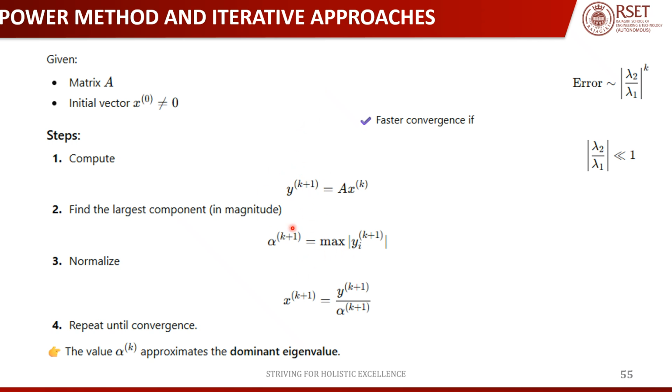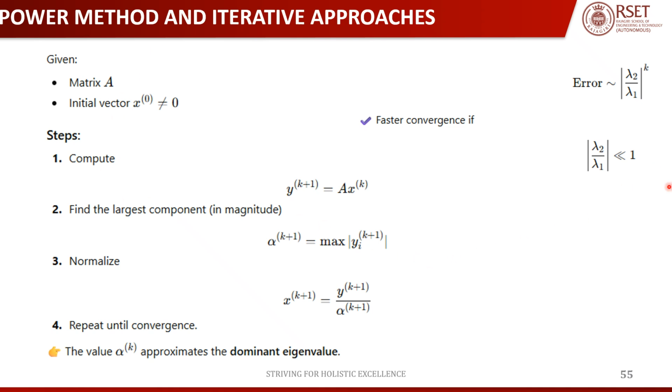Once we have y k plus 1, we take alpha k plus 1 as the maximum entry of y k plus 1. A x k will be a particular column matrix, and using this column matrix you find the maximum of its entries. Then you find the new x k plus 1 by dividing y k plus 1 by alpha k plus 1. And you will see the value of alpha k approximates the dominant eigenvalue. We'll make it clear using a problem.